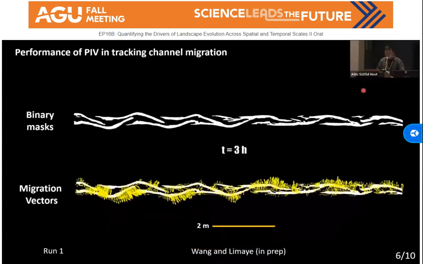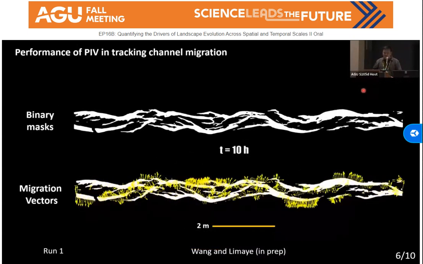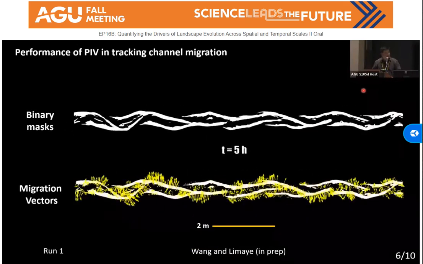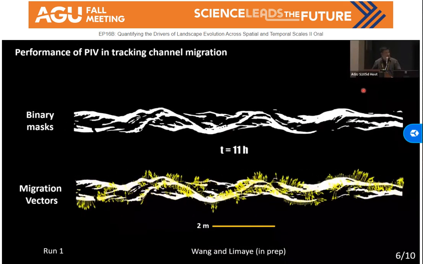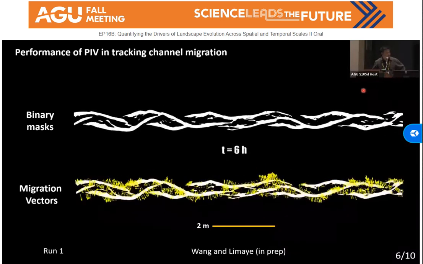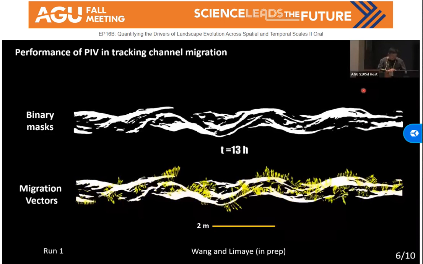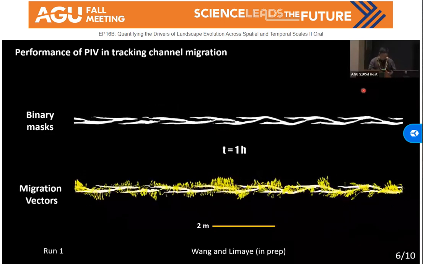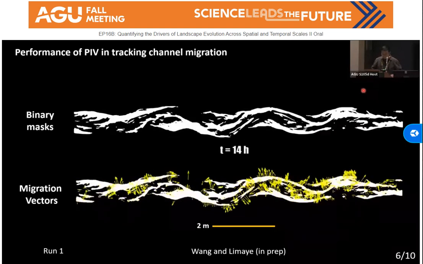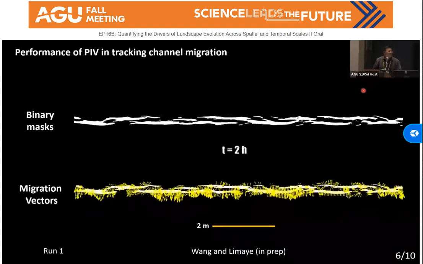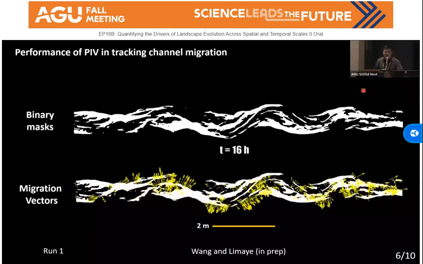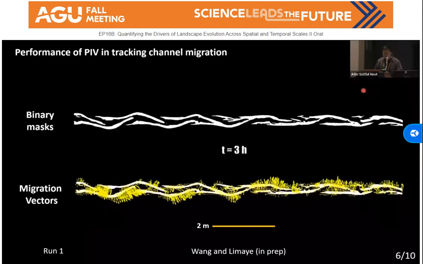Here we show how the PIV performs in tracking channel motion. On the top, you see the binary mask and how the channels migrate. Below, you see the migration vectors at different places and over time.